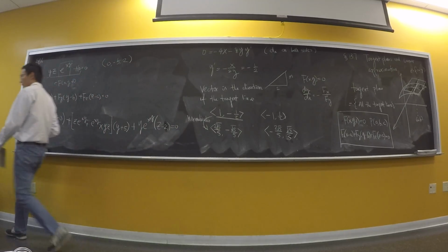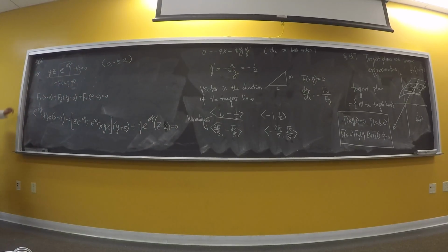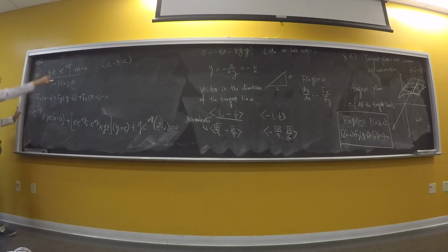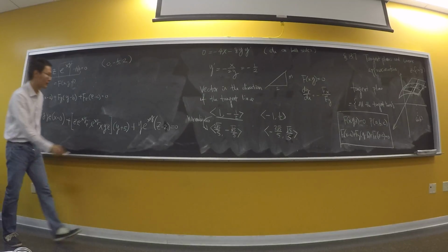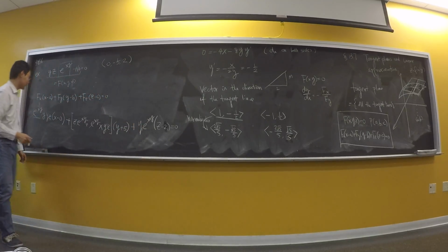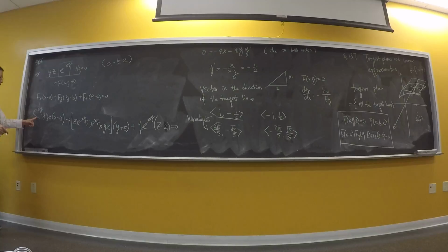Then I need to plug in these values: x equals 0, y equals -5, and z equals 2. Because x is equal to 0, these exponentials are all going to be equal to 1. So these are pretty easy to evaluate. What do we have?